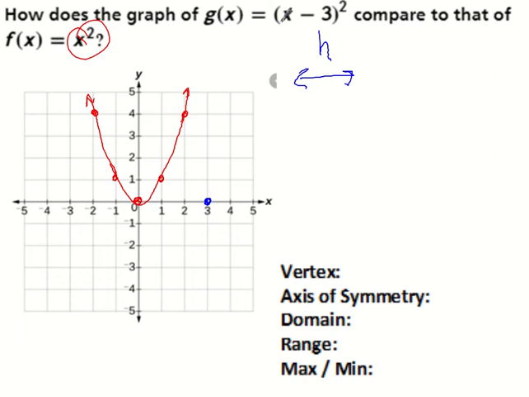We can always check that. Plug in 0. 0 minus 3 is negative 3. Squared would be 9. That'd be way over here, right? If I plug in 1, 1 minus 3 is negative 2.